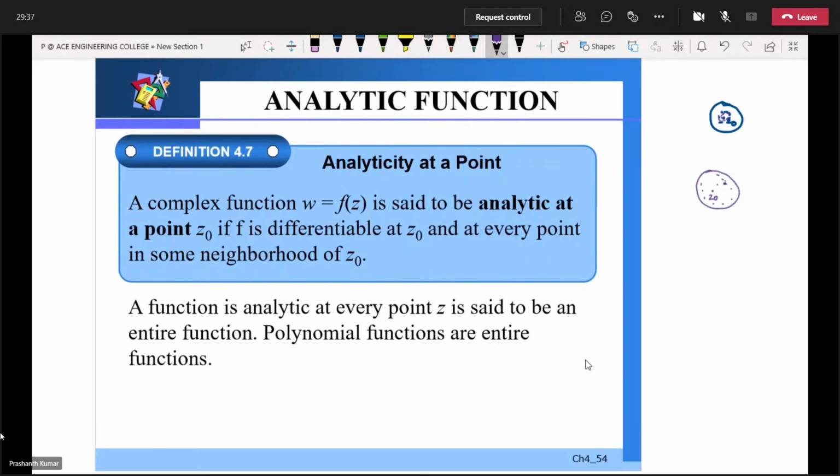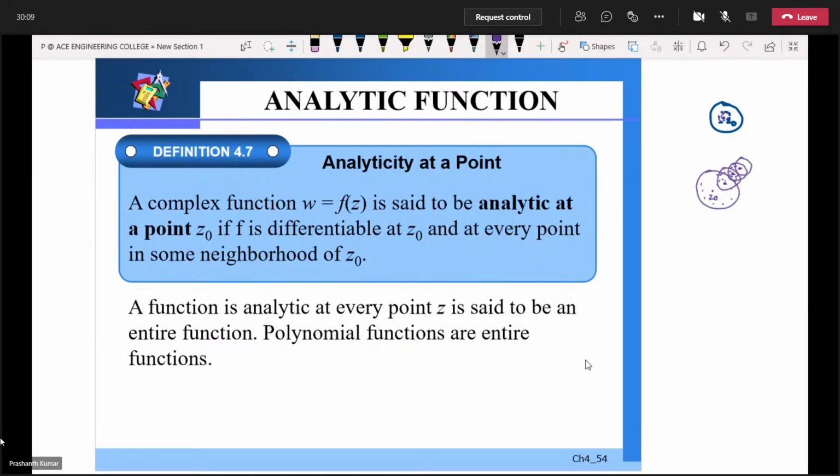If at this point the function is analytic, it means again some neighborhood of this point the function is analytic. You see that?